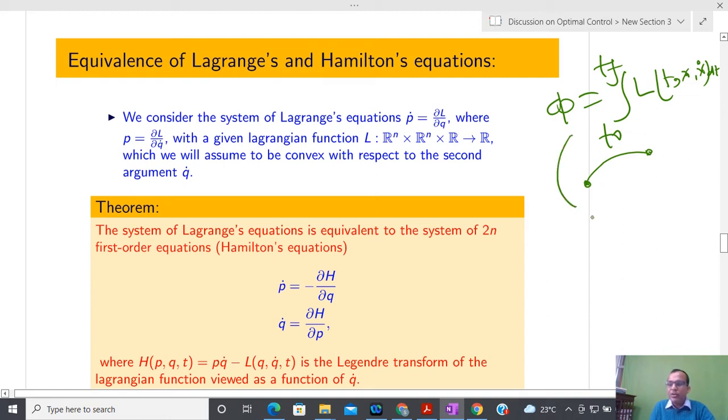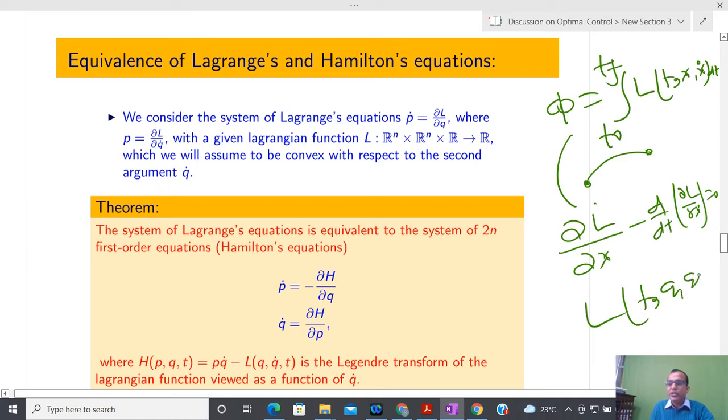At that time, we found that I have to solve the equation dou L by dou x minus d by dt of dou L by dou x dot equal to 0. Now I am going to define this function dou L by dou x, and in place of x I have selected another variable, that is q. So you can write this function like this: L(t, q, q dot). The physical interpretation is not going to change, just the variable is going to change, but the physical interpretation of everything remains the same.